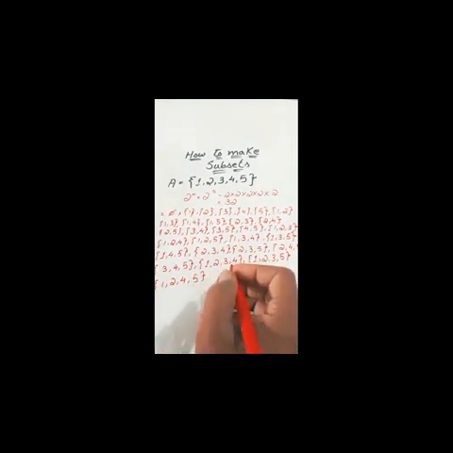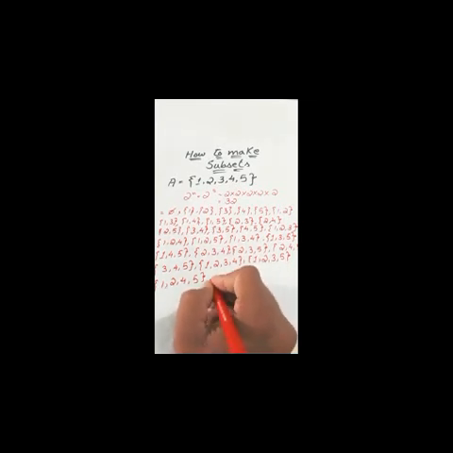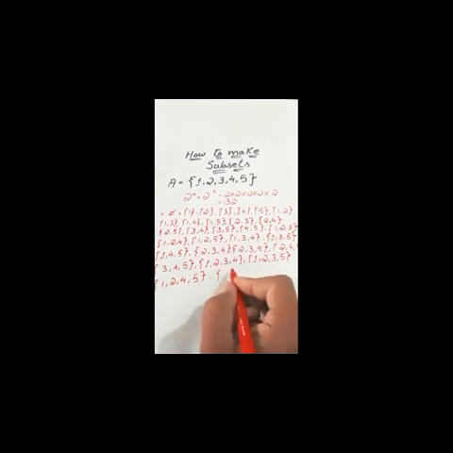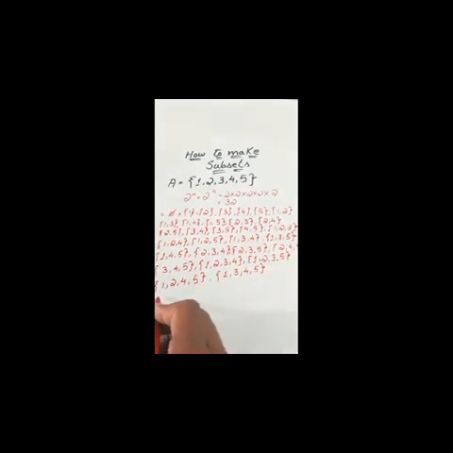Okay. After that it will be 1, 3, 4, 5. The last subset of 4 elements will be 2, 3, 4, 5.